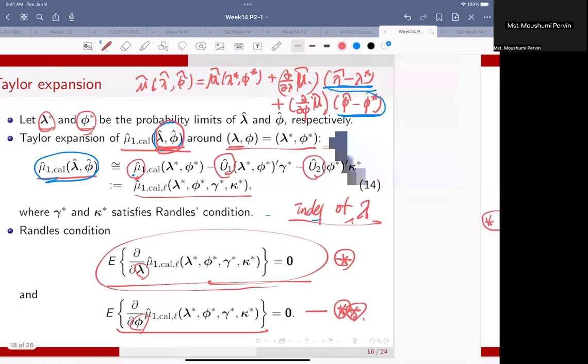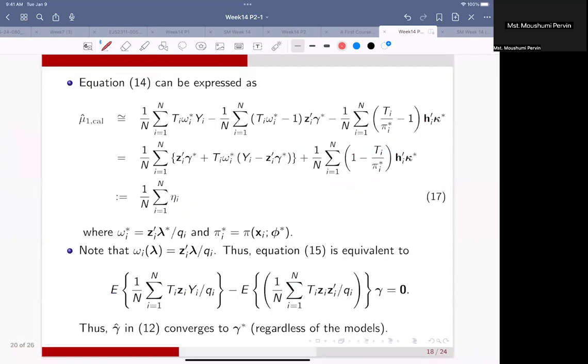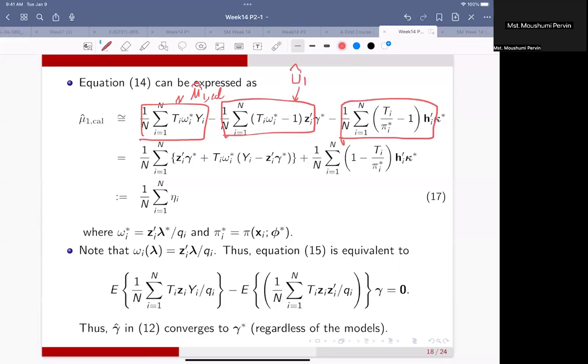So we just write it. So this is mu hat 1, and this is u hat 1. This is u hat 2.